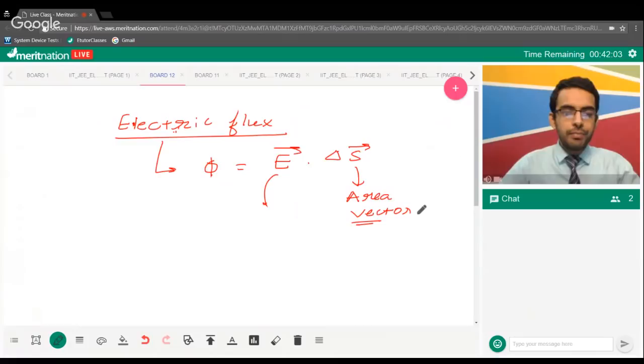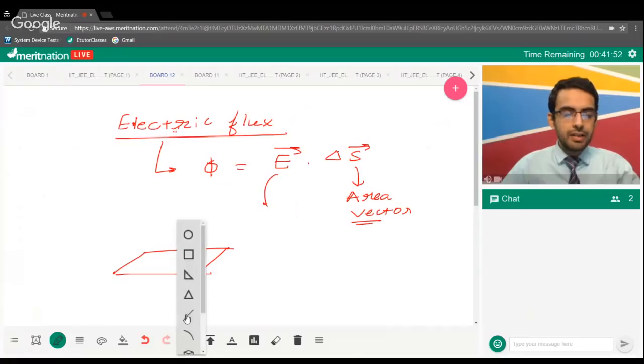For example, if there is a cross section of area delta S, the direction of the area vector will be the outward normal for this cross section.